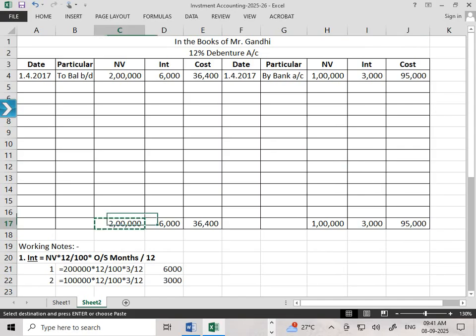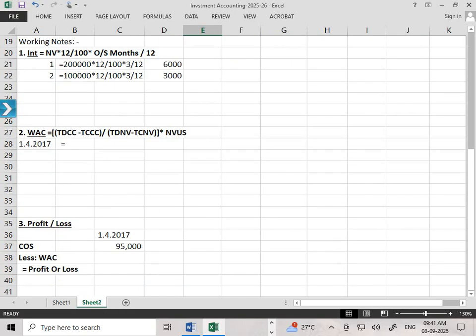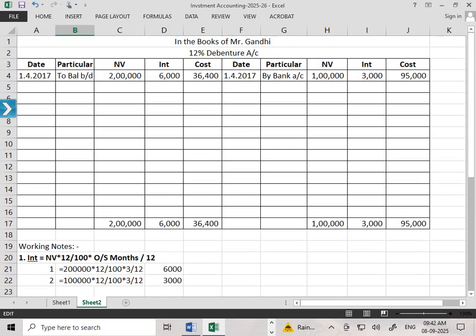So the total debit side of the cost column, that is 36,400. So here 36,400, that is the total debit side of the cost column, minus the total credit side of the cost column. Now your total credit side of the cost column is 95,000.